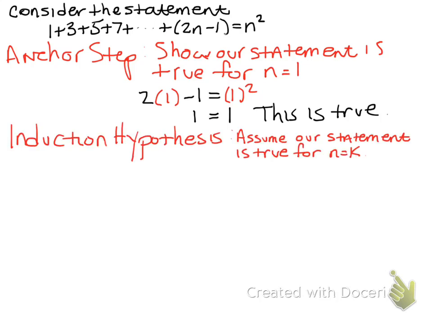Next comes the induction hypothesis. Now in science, you have the scientific method. If you're going to run an experiment, you make a hypothesis, and that is something that you are assuming is true, and you want to set up an experiment to see if it really is or not. So similar idea here. We are going to assume our statement is true for n equals k.